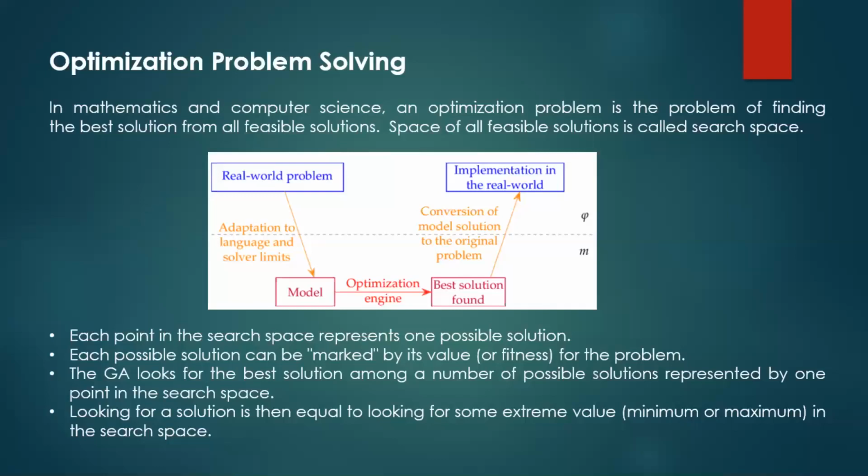So based on our goal, minimization or maximization, we select our best solution. According to the value we map the fitness, whether it is minimum or maximum, and based on that fitness value, finally we get our best solution.